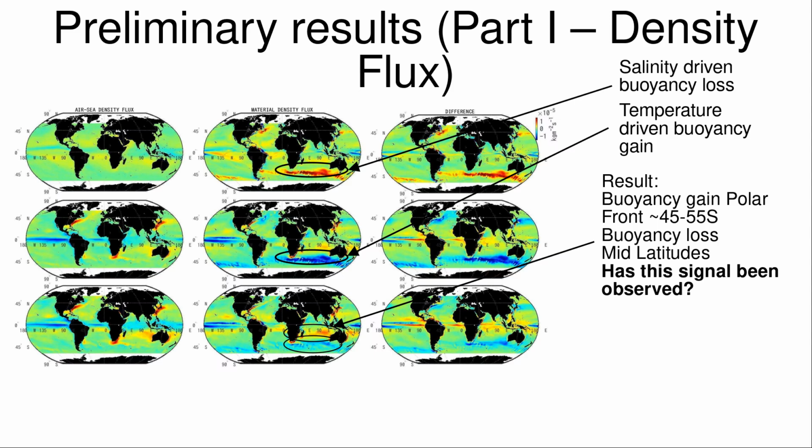However, in order to put these results into context and to compare both approaches, we would need to see if this signal has been observed in literature, because it is completely absent in the air-sea flux approach.